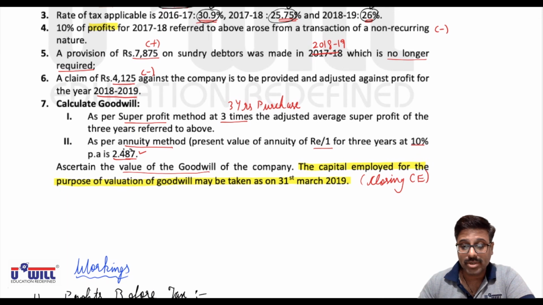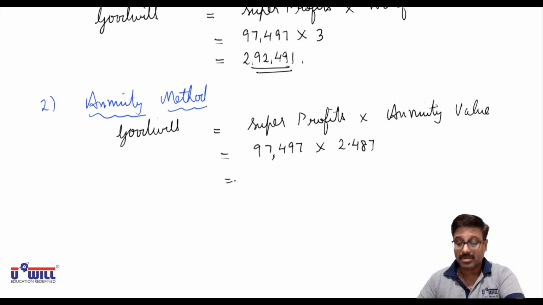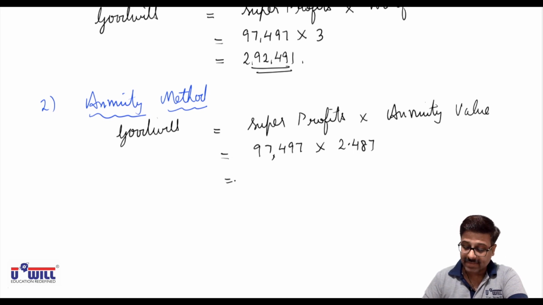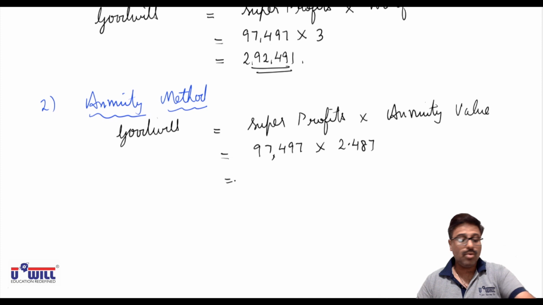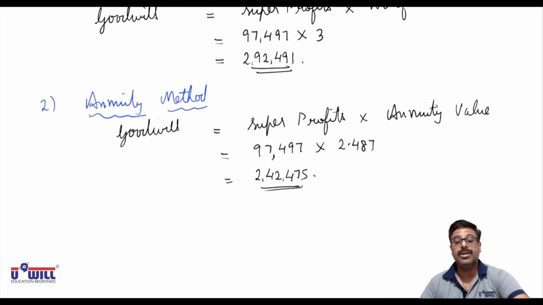So into 2.487. For 3 years it will always be less than 3. So 97497 into 2.487. That comes to 242475. This is the value of goodwill by annuity method.